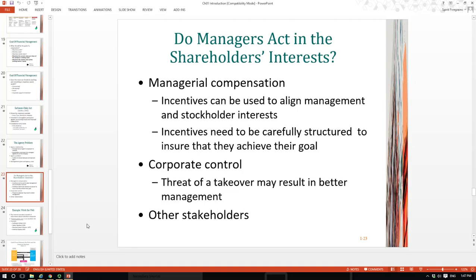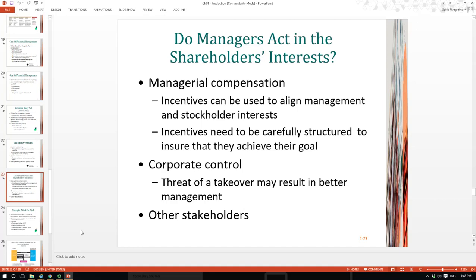And the managerial compensation package is not the only way that we can align managers' and shareholders' interests. There are other ways, for example, corporate control, the internal control mechanism in any corporation, the auditing process, a bank that oversees a company's daily operation, financial analysts, media, and so on and so forth.